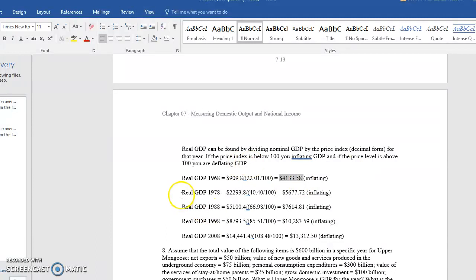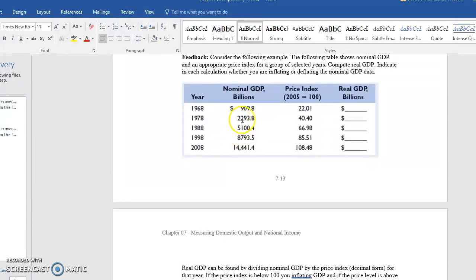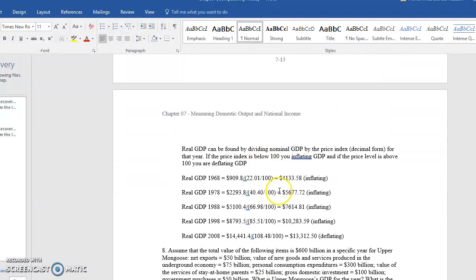And now real GDP for 1978: you can take the nominal GDP for that year from the table, which is 2,293. Divide that by 40.40 and then multiply by 100, and this will give you 5,677.72.